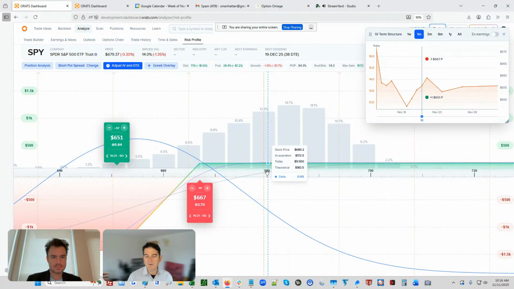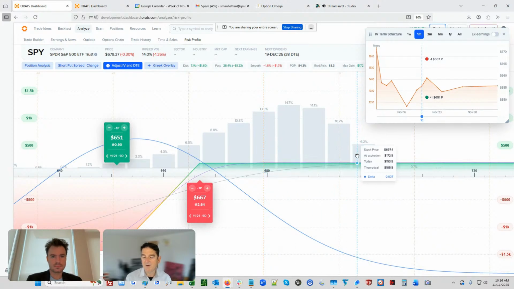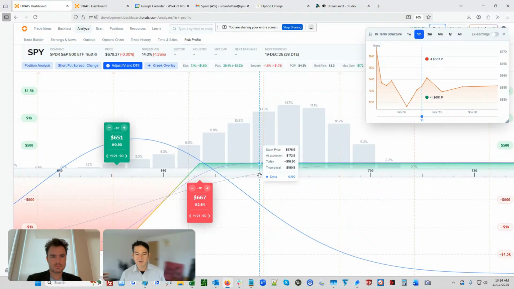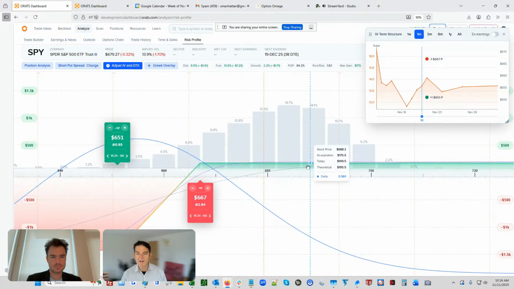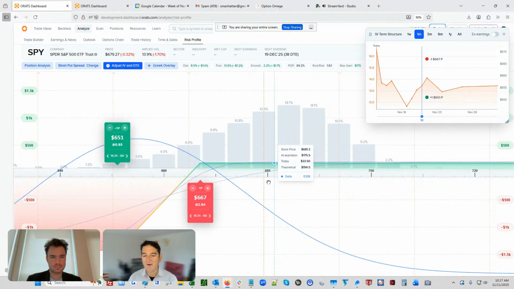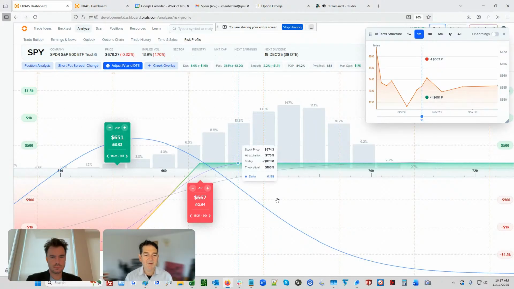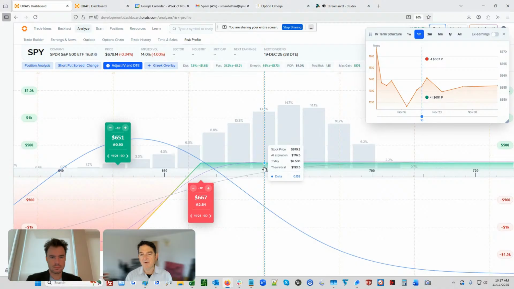So what we can do, if you have a bunch of different positions, is take this gray line for every position and say where the profit and loss is going to be, not only for your SPY positions, but theoretically for any position, because we have this 3 standard deviation distribution for every stock that you can overlay against each other to see your overall risk position.